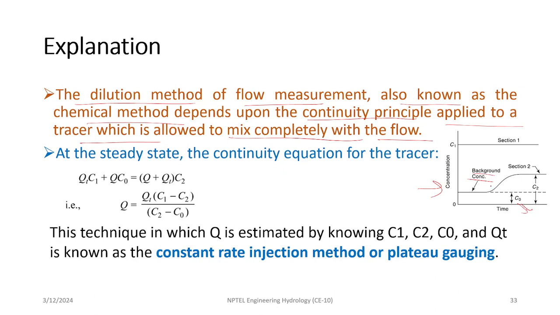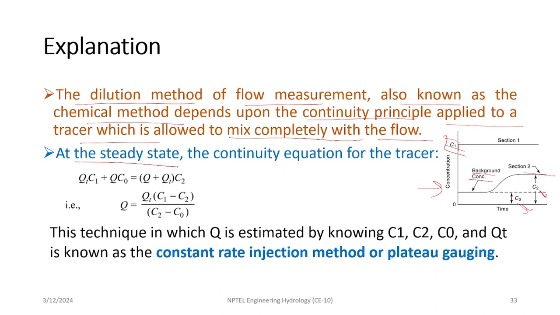Then we applied a certain amount of salt solution at section 1. You can see the concentration level C1, and after some distance away from section 1, we get a constant curve like this, that is C2.